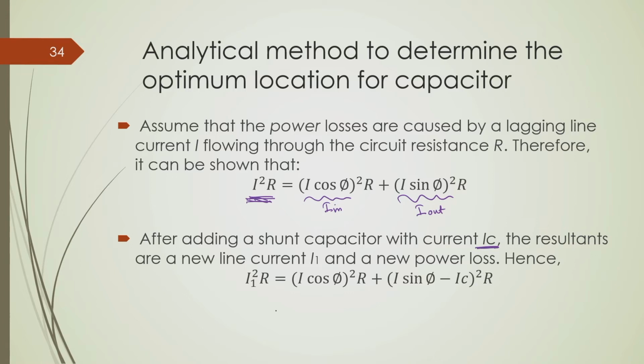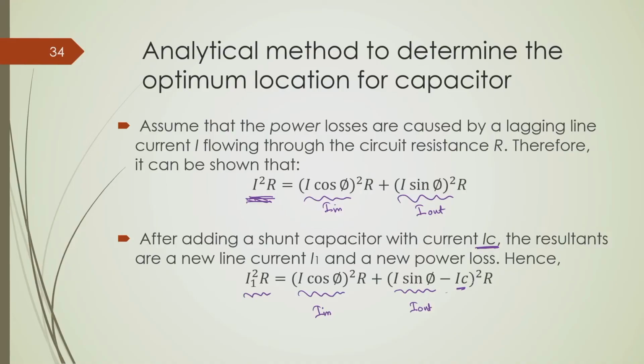So, what would be the power line losses? Here again this is I_n, the in phase component of the load current, and this is the out of phase component of the load current, but from this would be subtracted I_c, because I_c and the quadrature component will cancel each other out, and the net quadrature component would be I sin phi minus I_c.